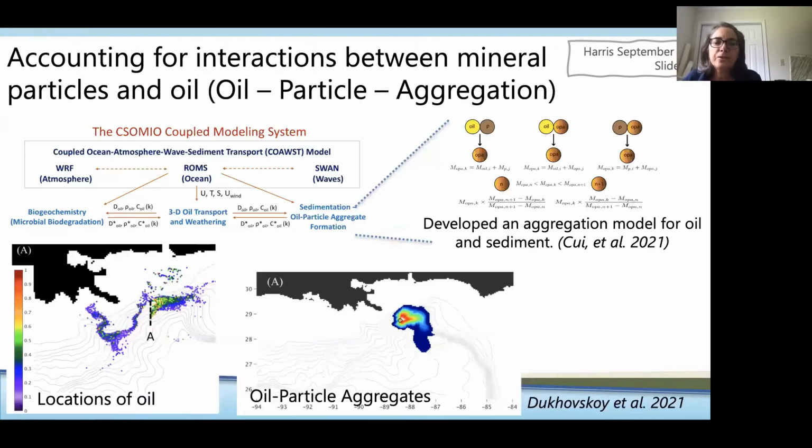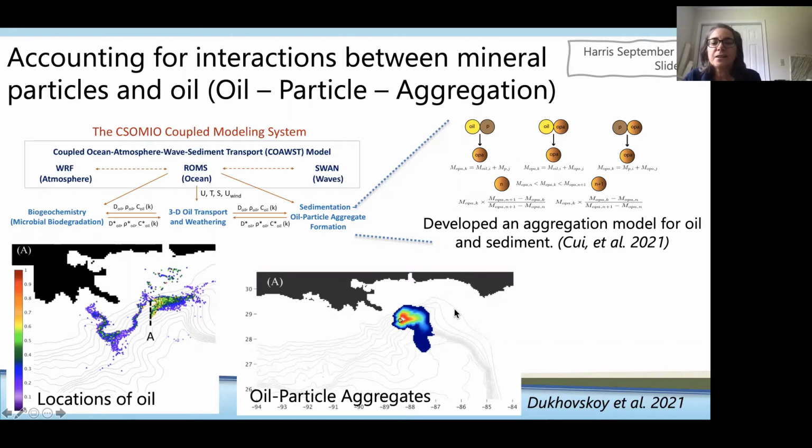So here's a couple of figures from papers that came out earlier this year. And this schematic up here is a schematic of how we accounted for the aggregation between oil and sediment particles. When they aggregate, they form what we call oil particle aggregates. And the details of how we did the model are in this paper by Lin Shui.